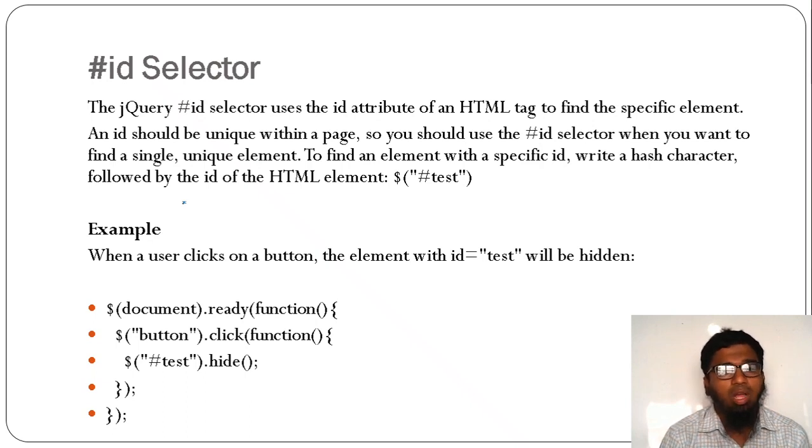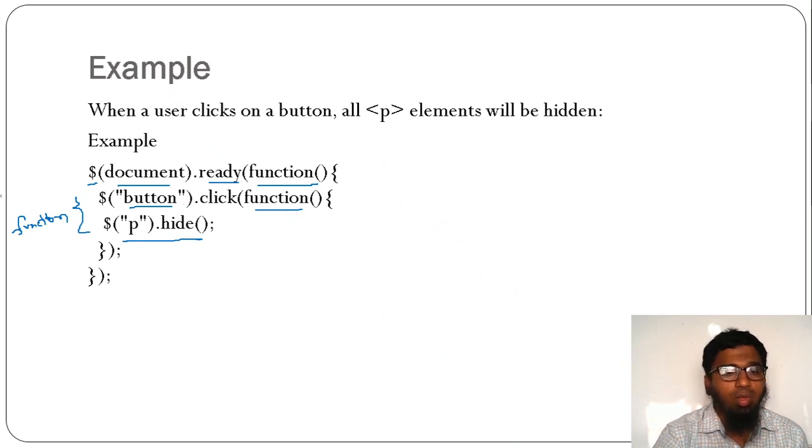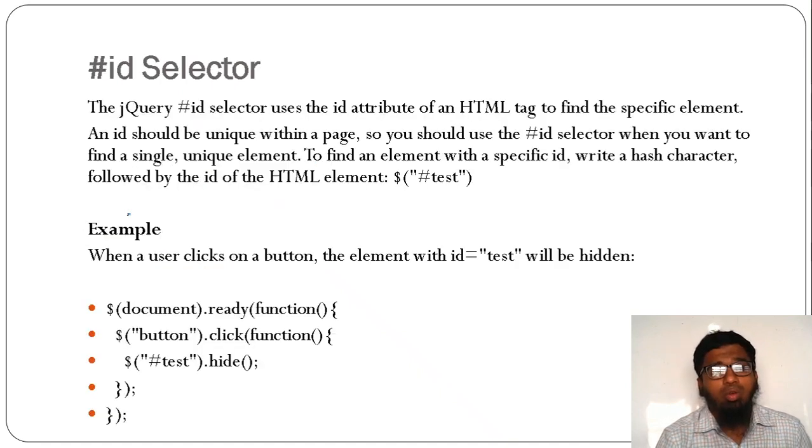Now, how does the ID selector work? Here we were just giving some element like P or H1, and you can give any element directly, but now I want to use the ID selector. The ID selector uses the ID attribute of an HTML tag to find a specific element.